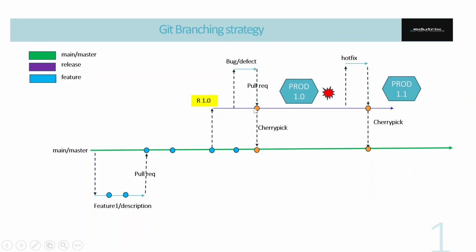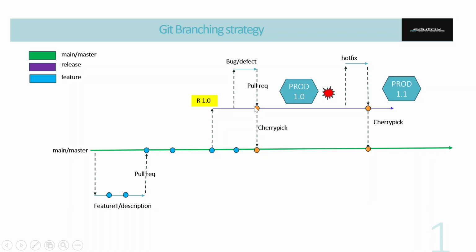So you're going to cherry pick the commit that was done to fix the defect, not all the changes related to the release. That will avoid pushing the changes related to a particular release. Main will always be the common branch, so you cannot have changes related to a particular release.